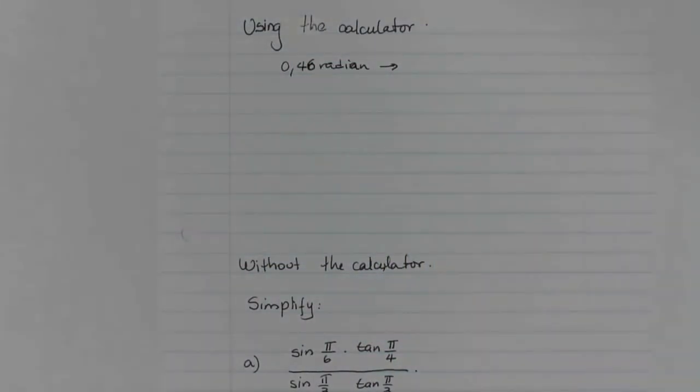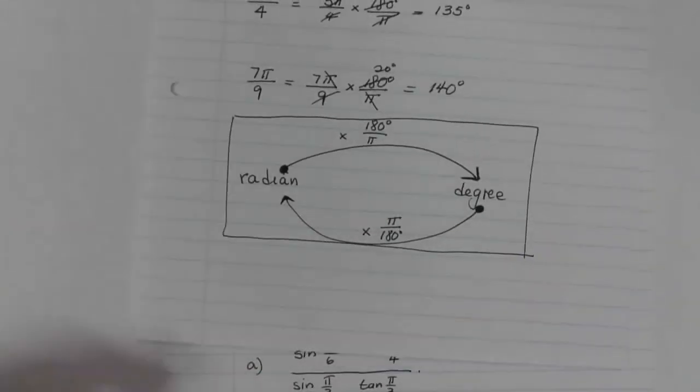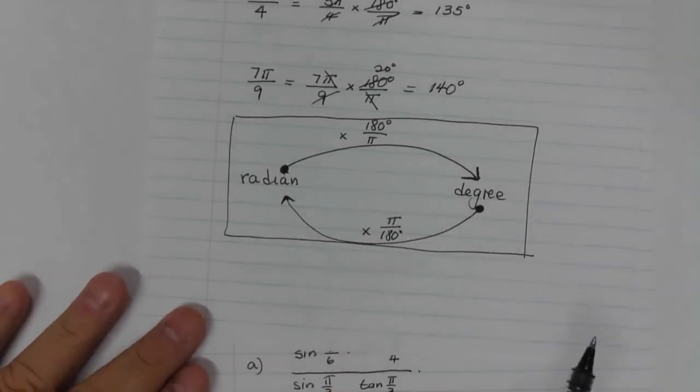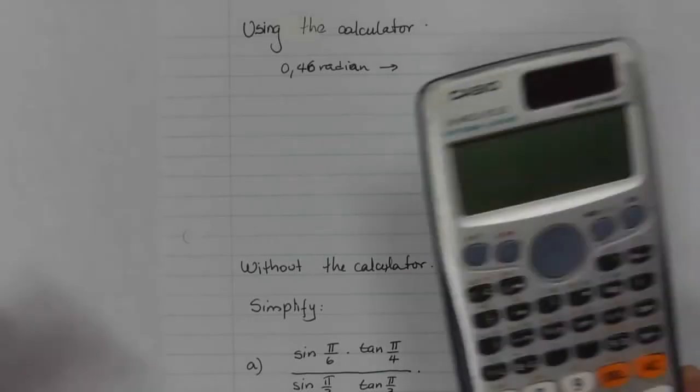Again, how do I do that? Remember, I had that to convert from radian to degree, I multiply by 180 over pi. So that's what I'm going to do here. In your calculator, it will look like this.